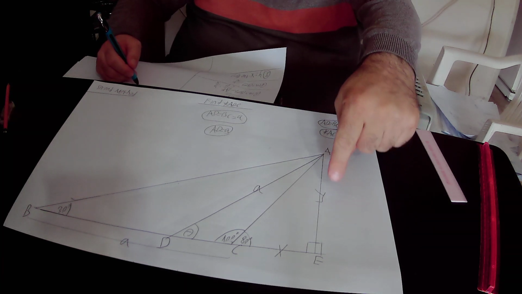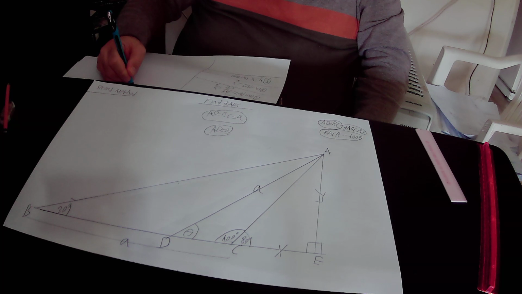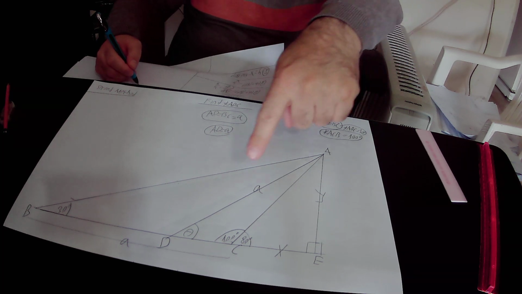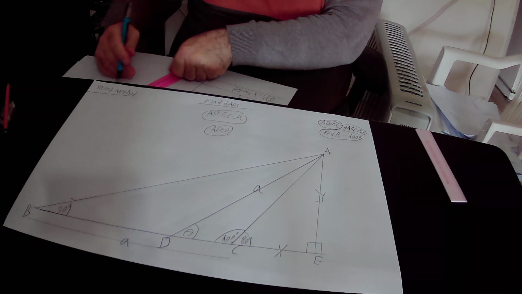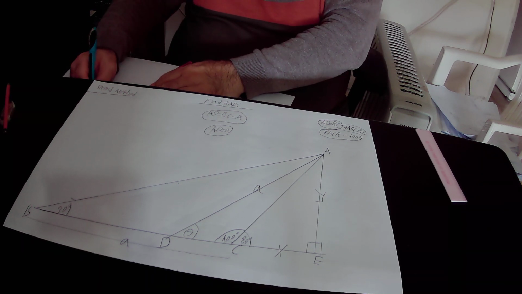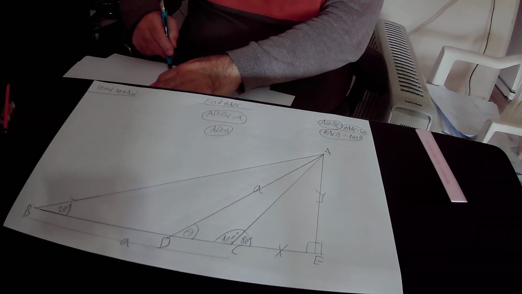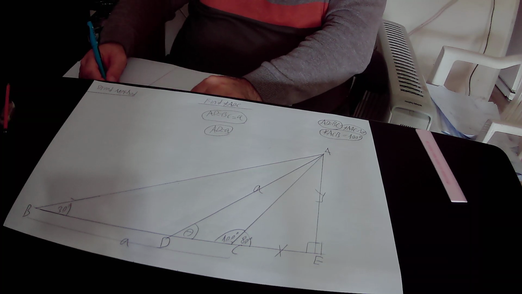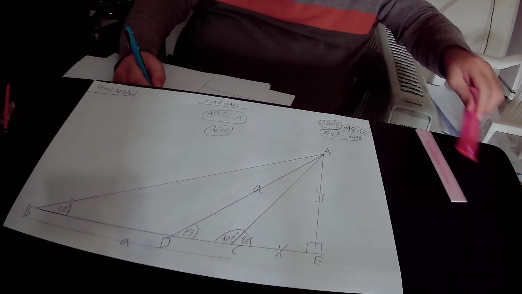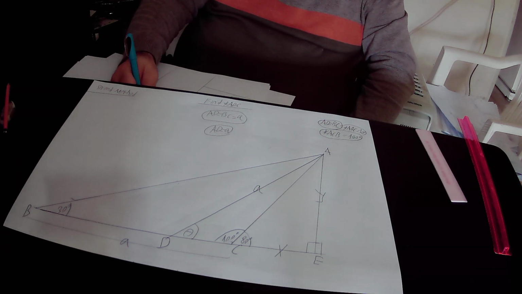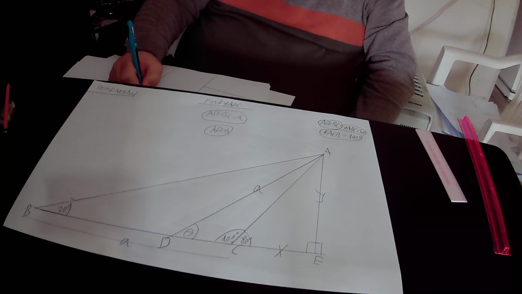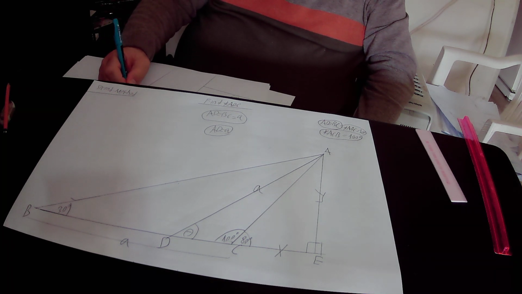AE equals Y according to our definition, and we've already found that AD equals A. So, in conclusion, sine theta in triangle ADE equals Y over A.